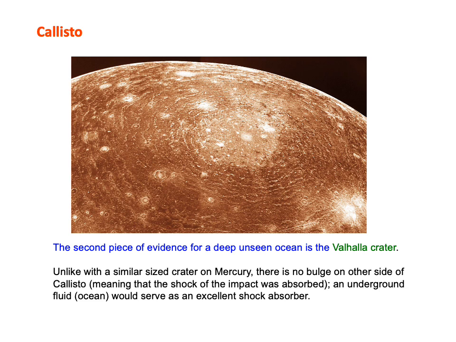So, no bulge on the other side of the moon from the Valhalla crater, which was due to an impact, indicating a mushy interior that shock absorbed that impact, and therefore evidence for a soft belly, if you will, and a water ocean underneath the ground.